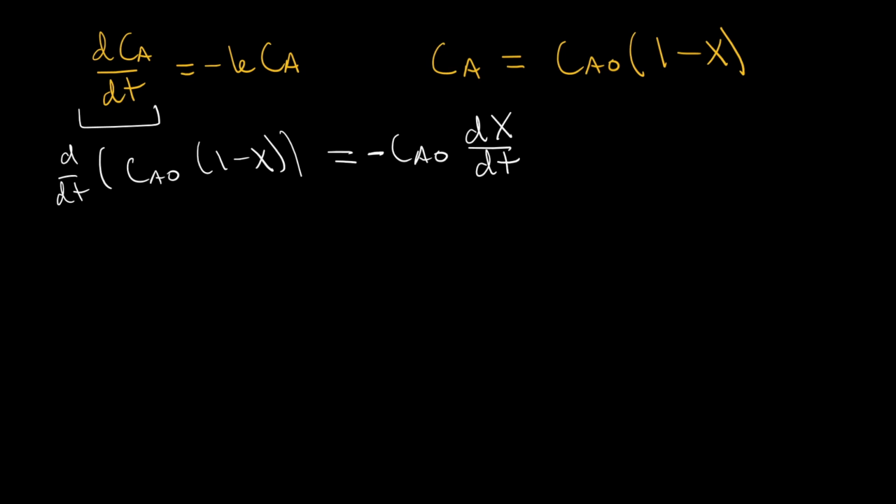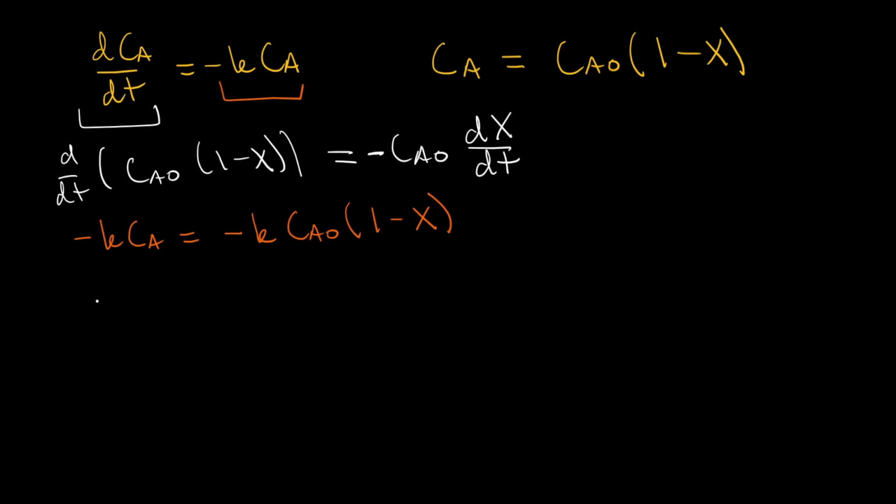For the right-hand side of the equation, we'll plug this in here and just make sure we keep track of the minus sign. So we get minus kCa is equal to minus k Ca0 times 1 minus x. And now we can plug these two equations together.